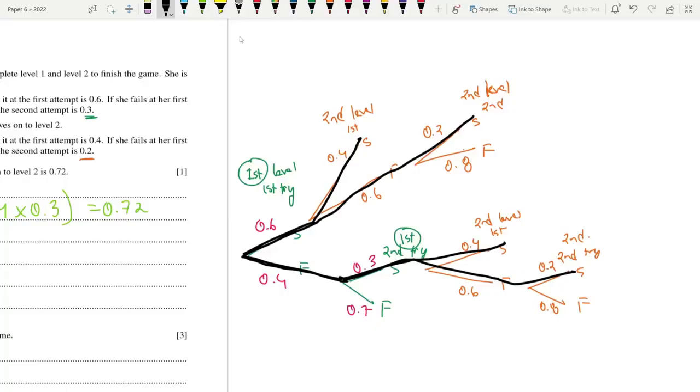There's a complex way in which you could do it. If you considered all individual branches, that would be very time consuming. The easier route is just to find out where it ends.